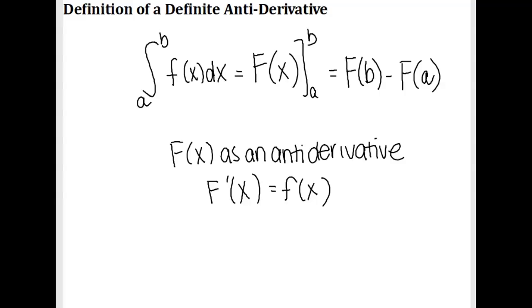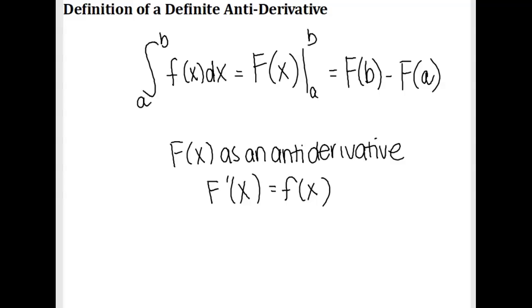The integral from a to b of some function f of x dx, where f is lowercase f, is equal to capital F of x evaluated from a to b, which is equal to capital F of b minus capital F of a.